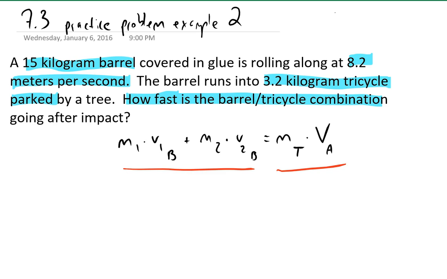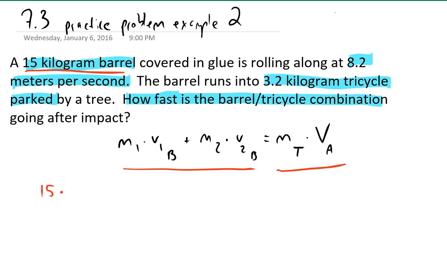So now that we have our problem highlighted and our equation written, let's label the stuff in the problem. Okay, so the 15 kilogram barrel is going to be our first object. So mass 1 is going to be right here. So we've got 15 multiplied by the velocity of the first object.